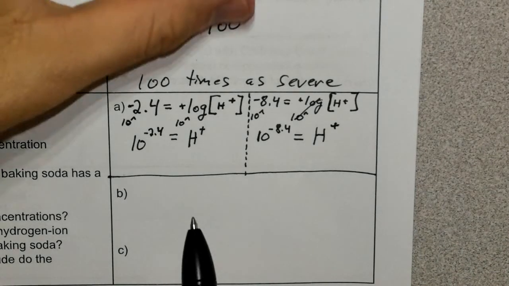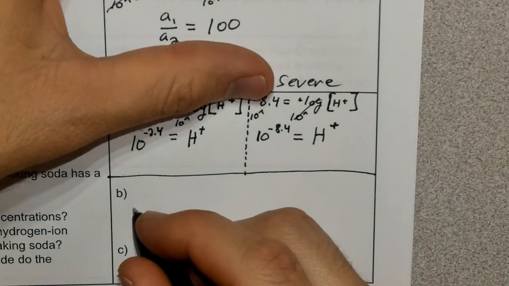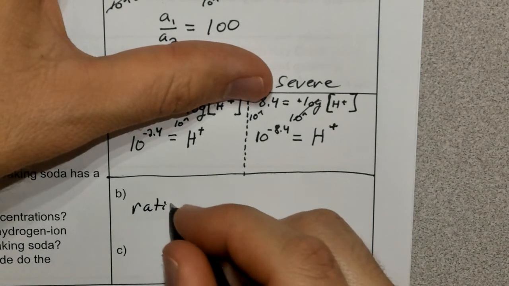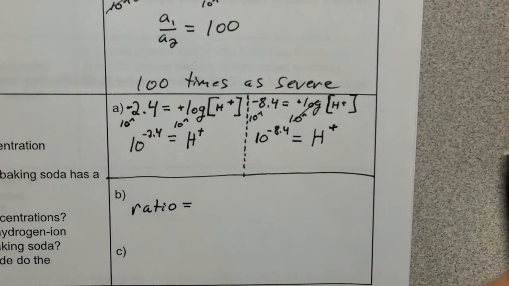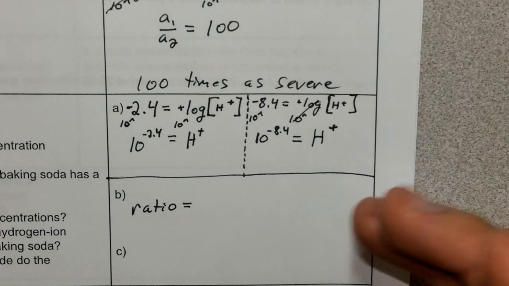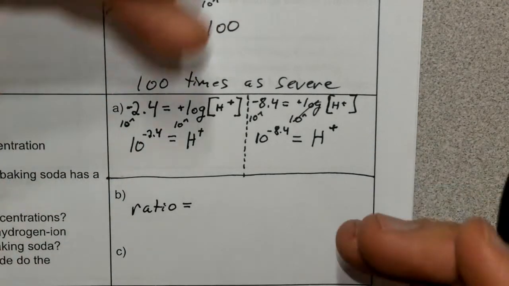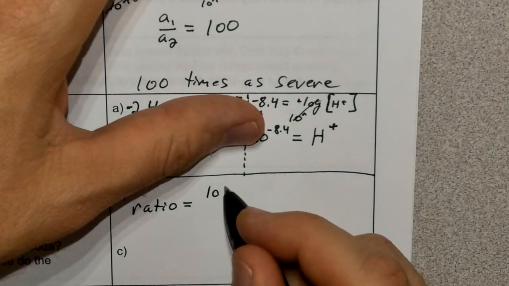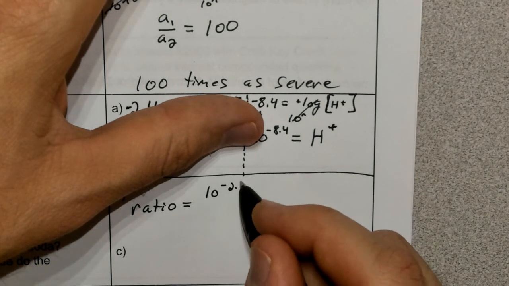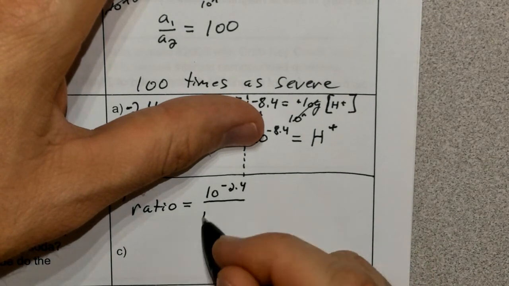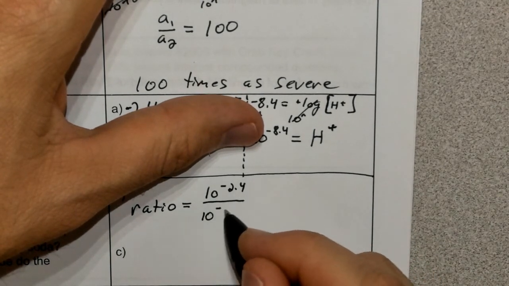So again, when comparing these, we want to use a ratio. So we want to look at the ratio of both hydrogen ion concentrations. So 10 to the negative 2.4 divided by 10 to the negative 8.4.